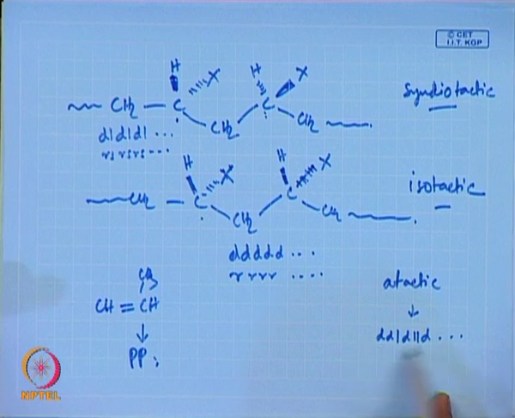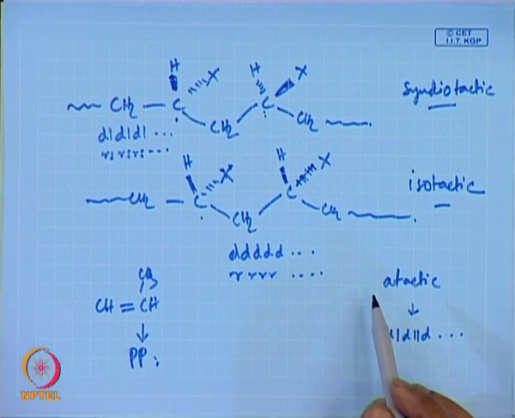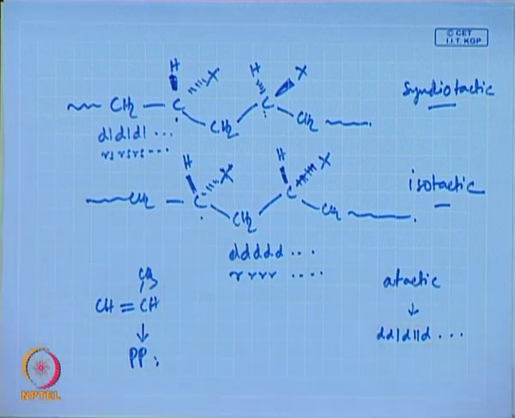And if you have atactic polypropylene, then again there will not be any regularity in the chain. So, the chains will not be able to crystallize easily, and you will have a soft polypropylene, which is of no use in a practical sense.